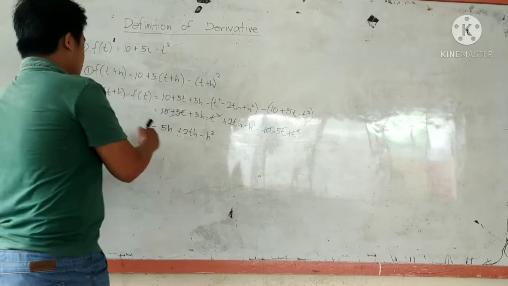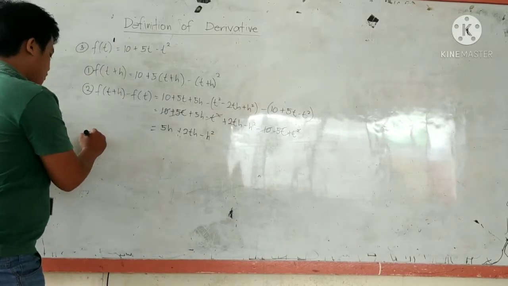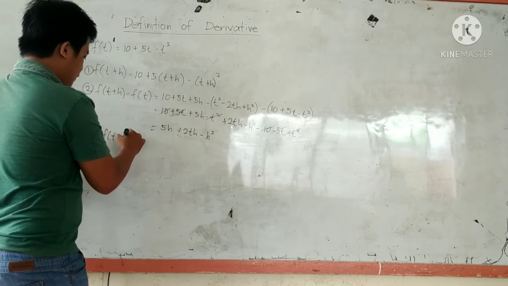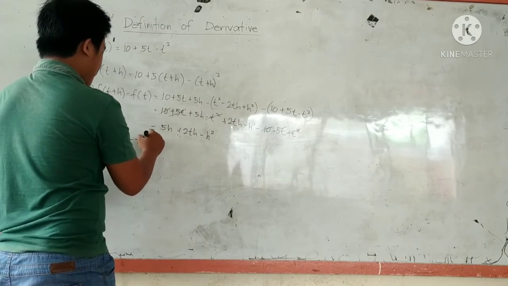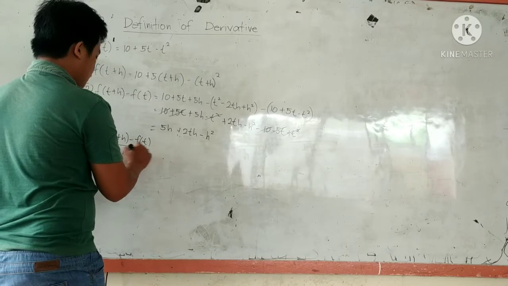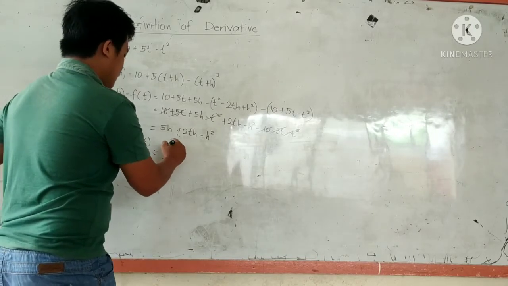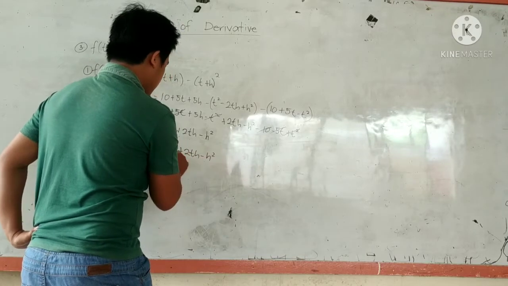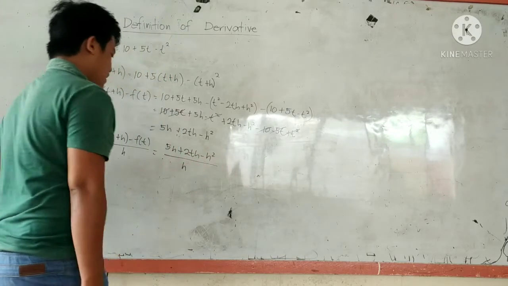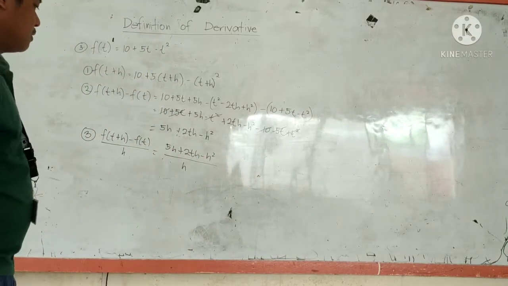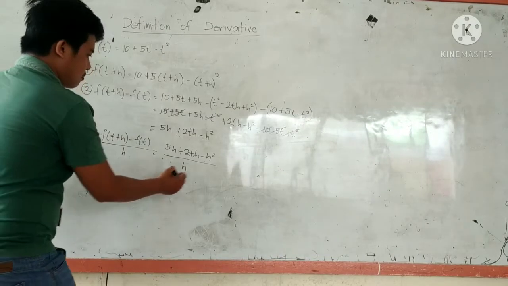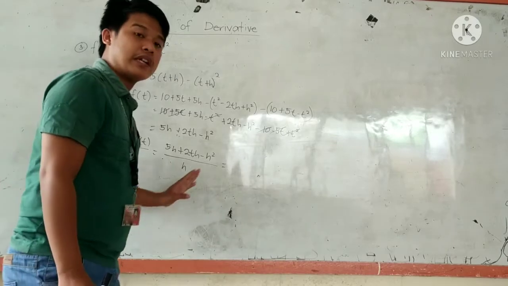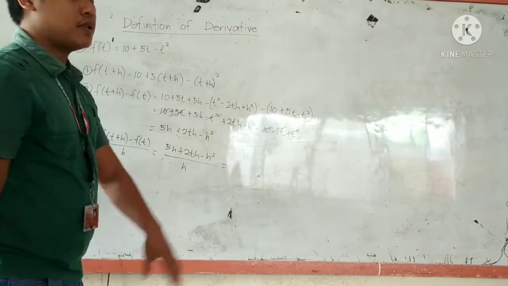So in the third step, we're going to divide our difference by h. So we will have 5h plus 2th minus h squared all over h. We can actually simplify this one out. You can distribute the denominator h so that it will be less ambiguous.